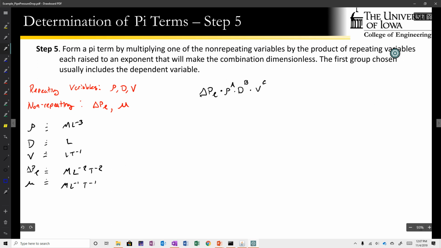Now, if we were to write out the dimensions of this resulting product, we would get mass, length to the -2 times time to the -2, times mass to the A, length to the -3A, length to the B, and length to the C times time to the -C.